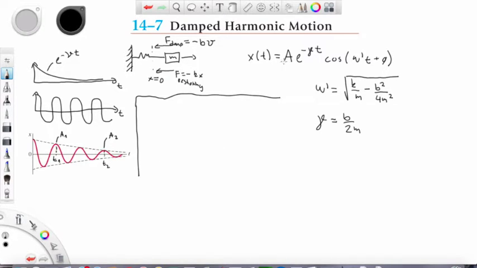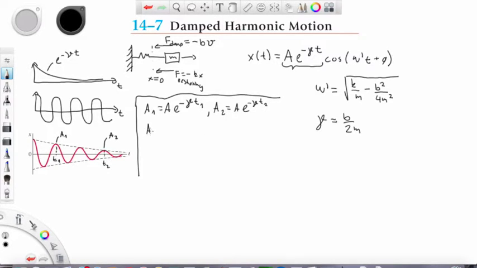So at any given time, our amplitude is determined by this factor. So A1 would be A times e to the power of minus gamma T1, and A2 would be A times e to the minus gamma T2.